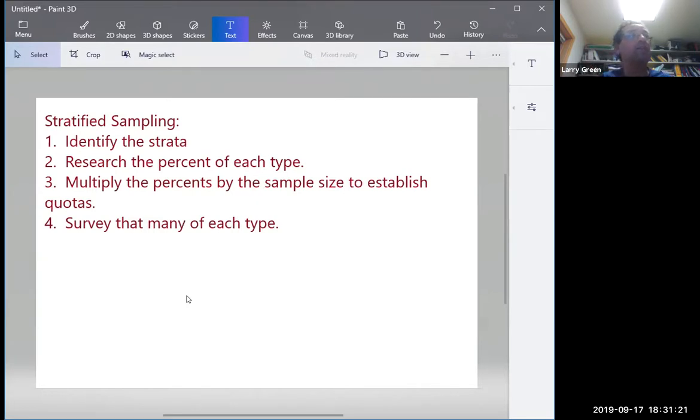It'll be a different percent. Does that make sense? Okay, so let's suppose you wanted to survey students that attend Lake Tahoe Community College. And you all attend Lake Tahoe Community College by definition. Even if your main college is somewhere else, you're all in my class. So you're all LTCC students.